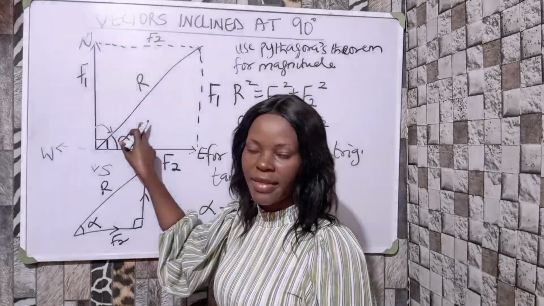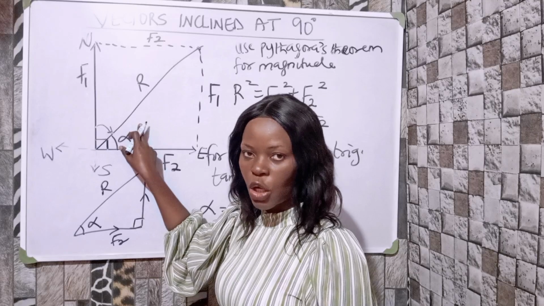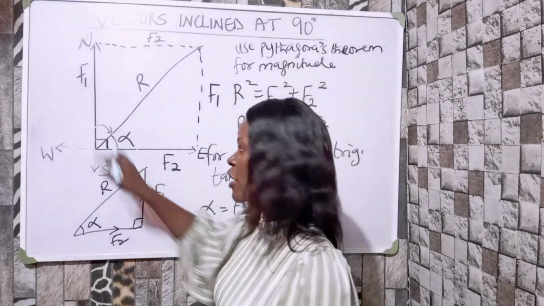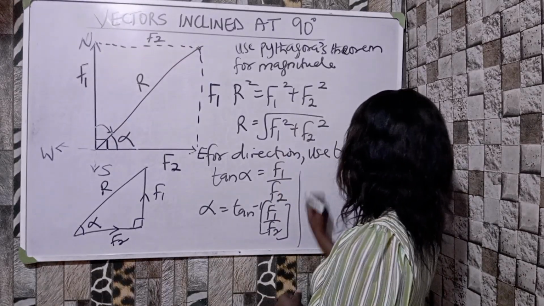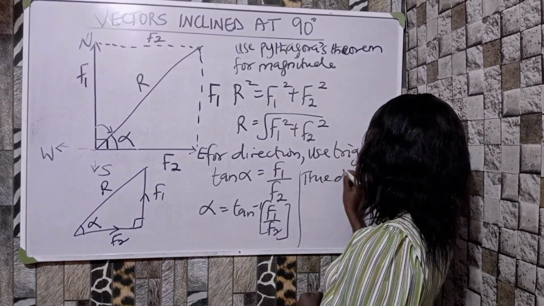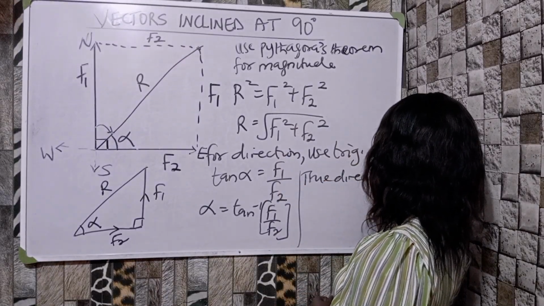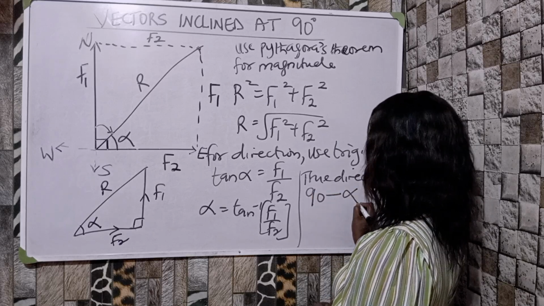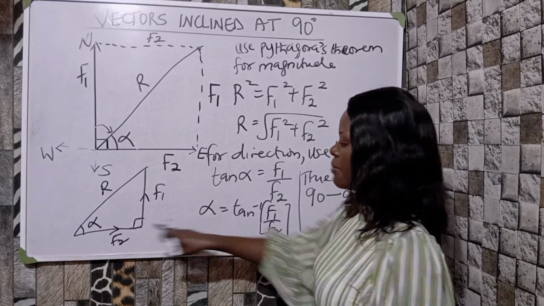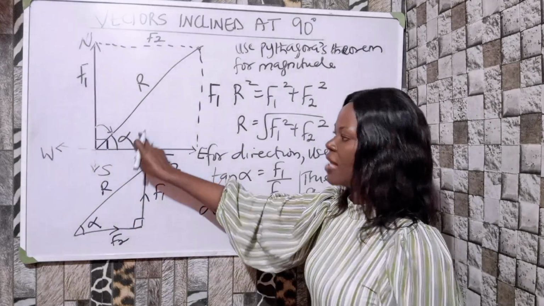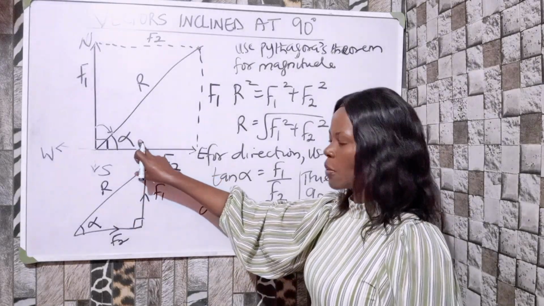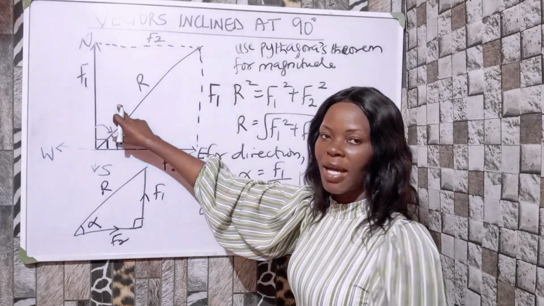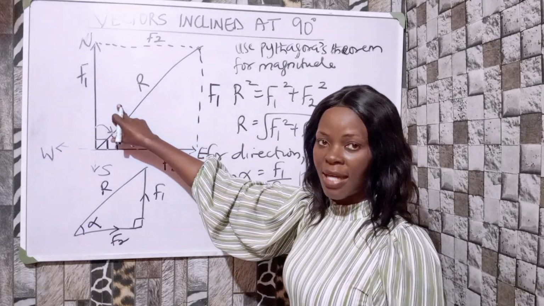And since this is a right angle triangle, my true direction will be 90 minus alpha. So true direction equals 90 minus alpha. Because I have gotten my alpha here, which is the horizontal, whatever I have, I'm going to subtract it from 90 to get my true direction, so I can state my direction clearly.